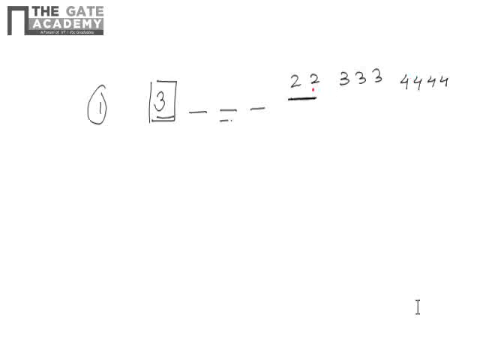So we have to take unique digits only, because 2 and 2 are both the same. So 3244 and 3244 are both the same. So we cannot use 2 in the calculation, it will increase our number of arrangements. So all the 3 places can be filled in 3 into 3 into 3, that is 3 into 3 into 3 ways.